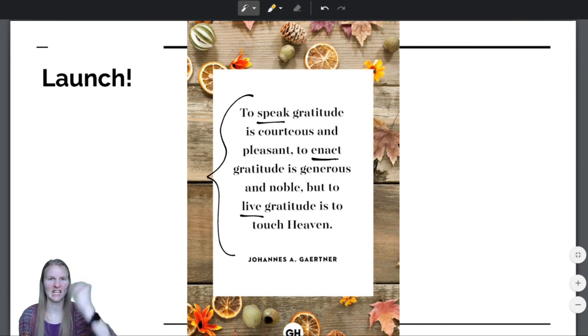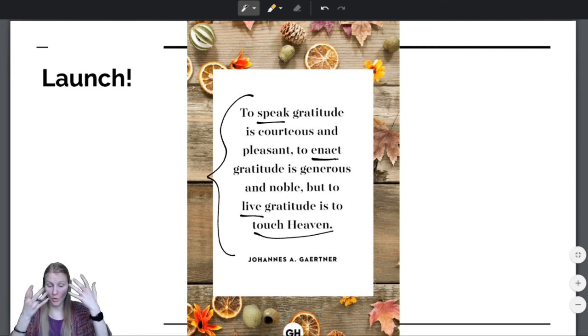But if you live gratitude, if you embody gratitude, you act thankful, you truly believe and feel thankful about everything you have and everybody you get to work with and all the opportunities that you have, when you live gratitude and you embody thankfulness, you're touching heaven. That's just the best thing.